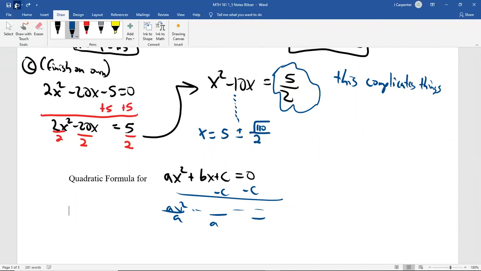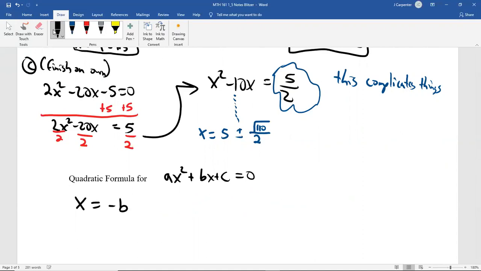But if you keep doing that, and then the halving and the squaring, what you will end up with is the quadratic formula: x equals negative b plus or minus the square root of b squared minus 4 times a times c, all divided by 2a.